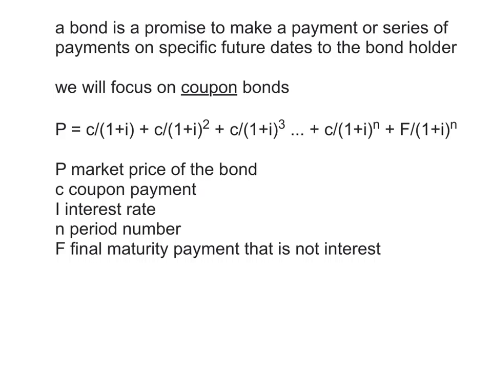What if the interest rate does not stay constant at the value I? That's not really a problem. This basic equation can be modified to take account of expected variations in the appropriate discounting interest rate.